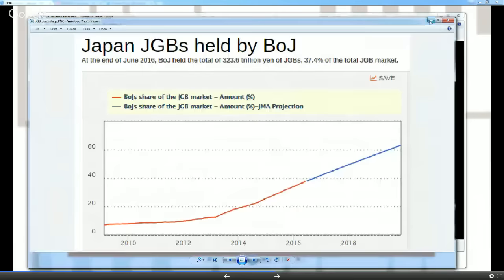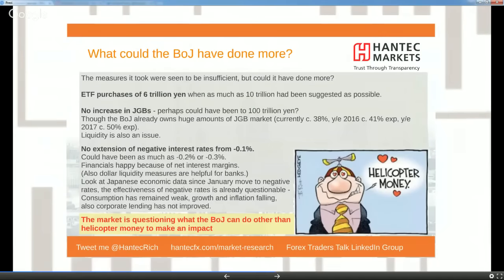So also what it could have done is extend negative interest rates from minus 0.1 to minus 0.2, minus 0.3. But obviously the banks were not happy with this. But the impact on the Japanese economy hasn't been all that positive, following on from the move that it made in January. You've still got weak consumption, and you've still got growth and inflation data falling.